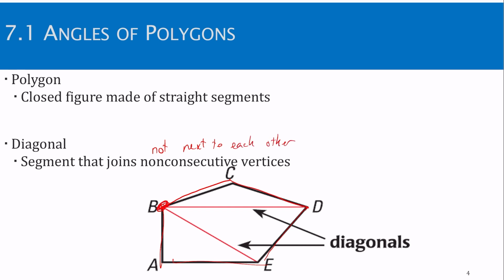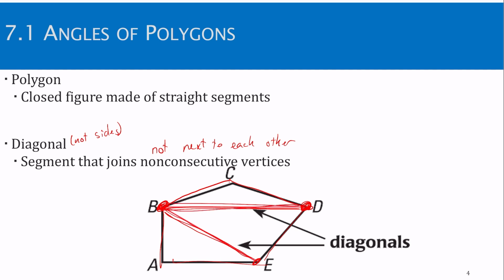So connecting B to D is non-consecutive because C is in between. And B to E would be non-consecutive because A is in between. Diagonals are segments that are not sides.